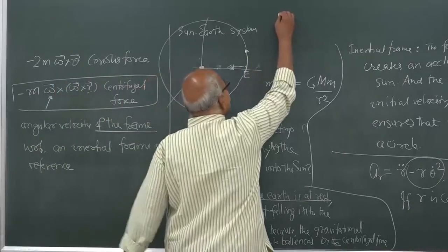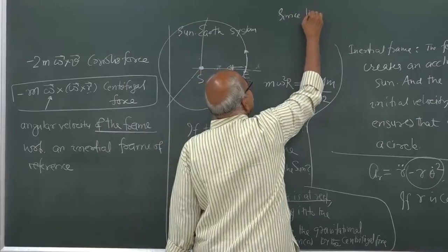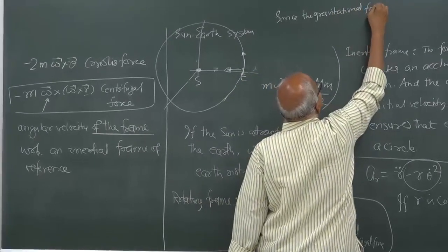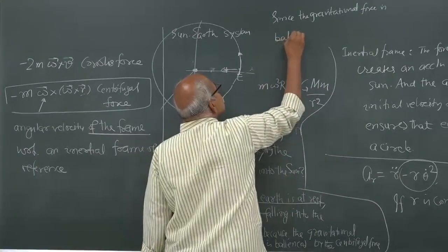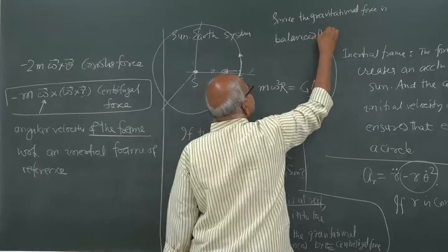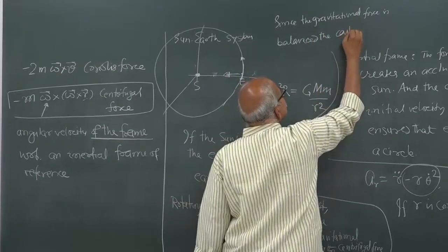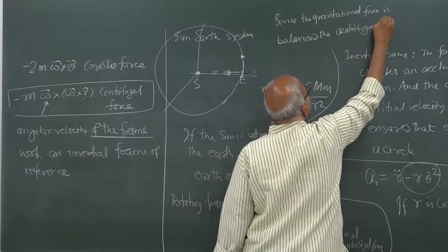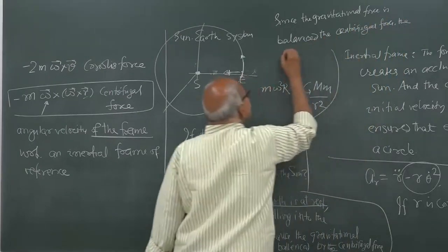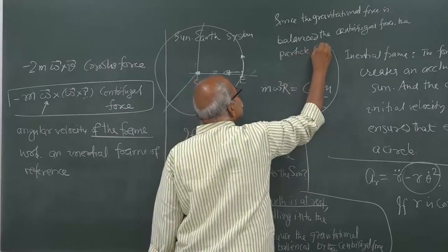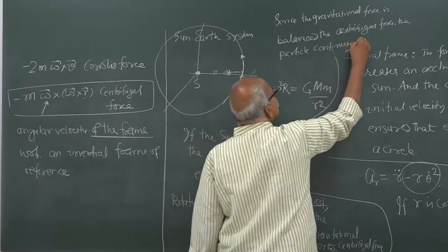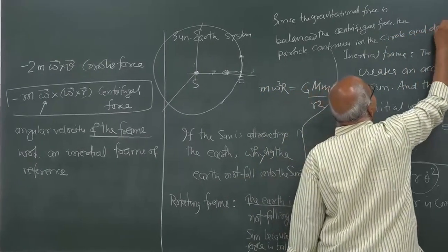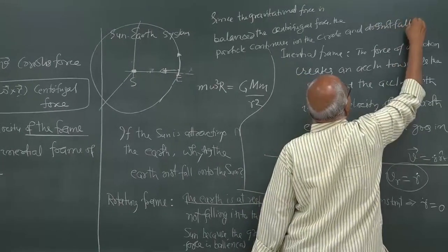I am writing this wrong statement: since the gravitational force is balanced by the centrifugal force, the particle continues in the circle and does not fall into the sun.